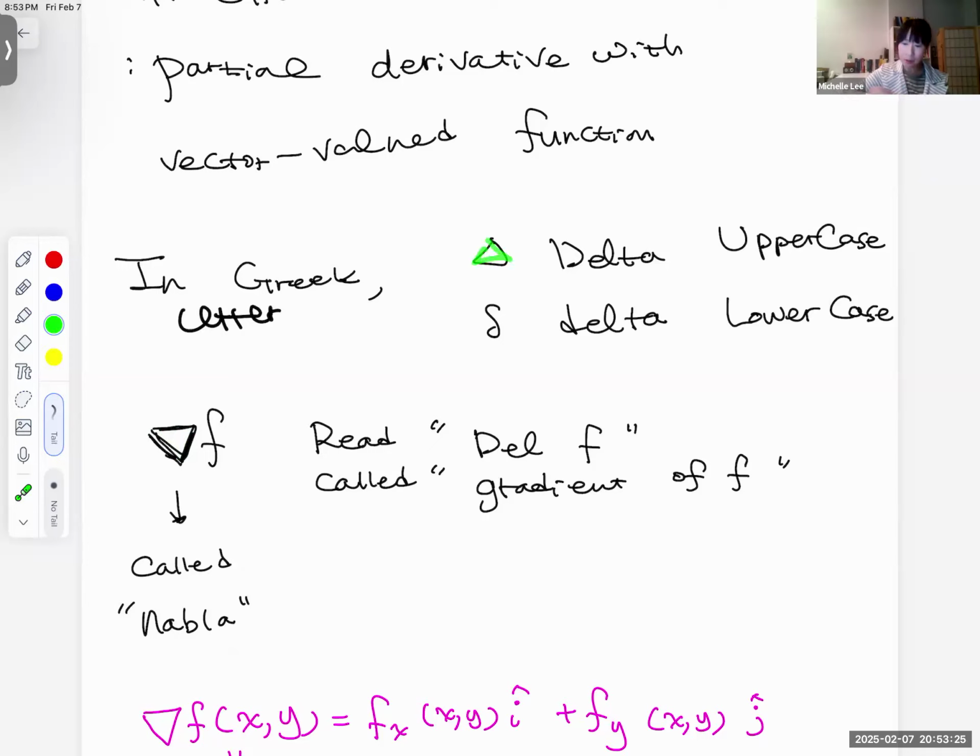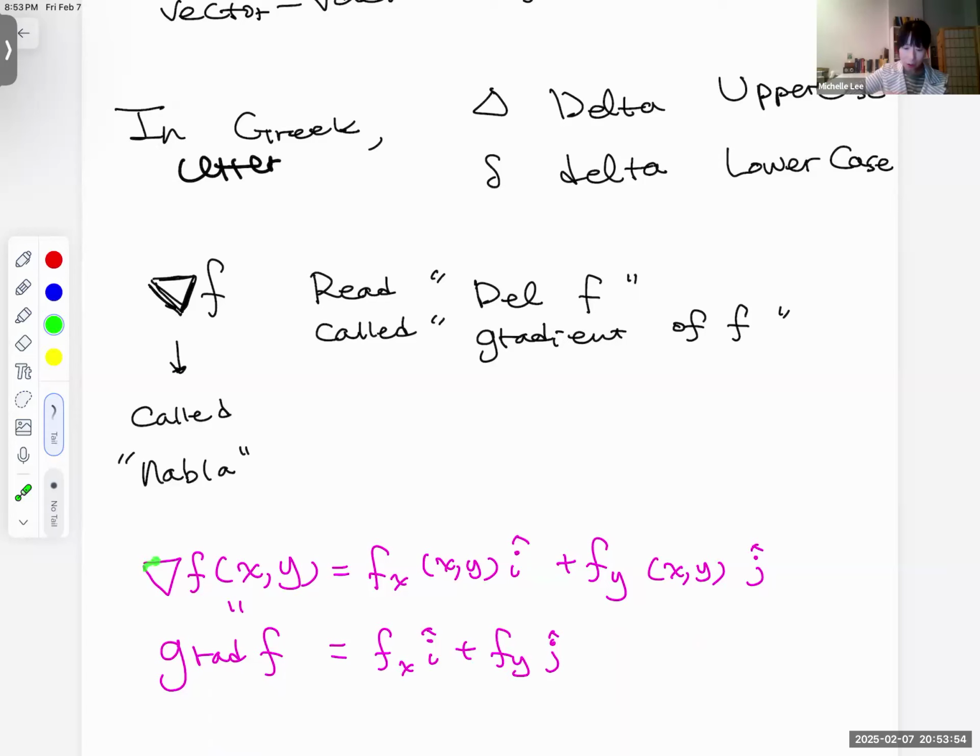This symbol we call nabla, and we read it del f. This means the gradient of f. We can read del f or gradient of f of x, y, yeah?